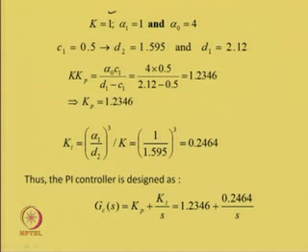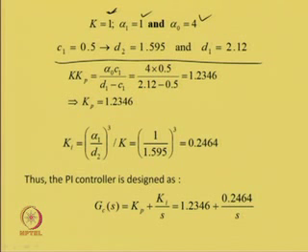So, the second order under damped process has parameters k equal to 1, alpha 1 equal to 1 and alpha 0 equal to 4. And for C1 equal to 0.5, we have D2 equal to 1.595 and D1 equal to 2.12.